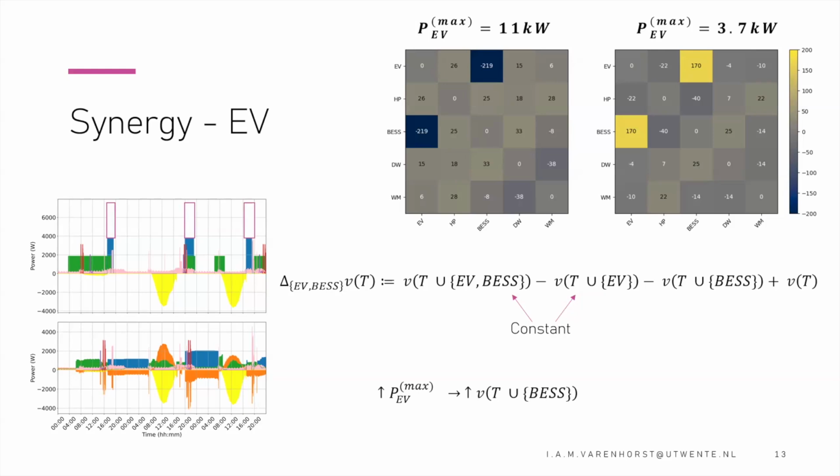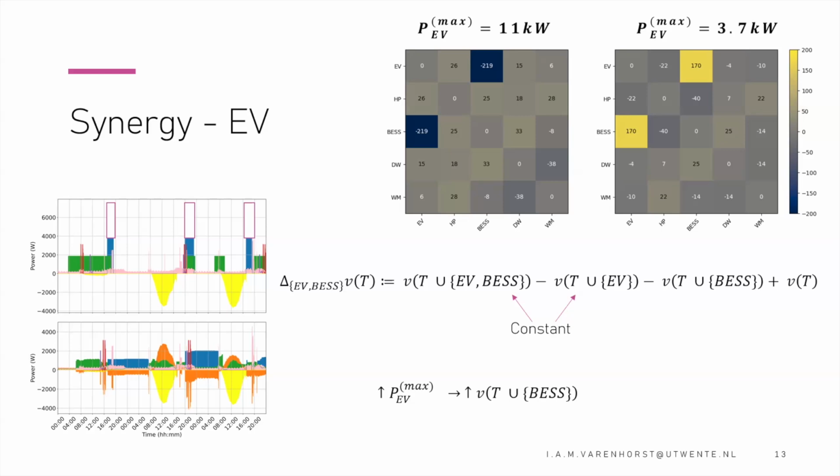Because we took the 2 norm of the profile, we assigned the highest penalties to the very high peaks. So if this peak is higher, because the EV charging power is higher, then the worth of the battery decreasing that peak by a little bit is, relatively speaking, worth more. So that's why this value goes up.